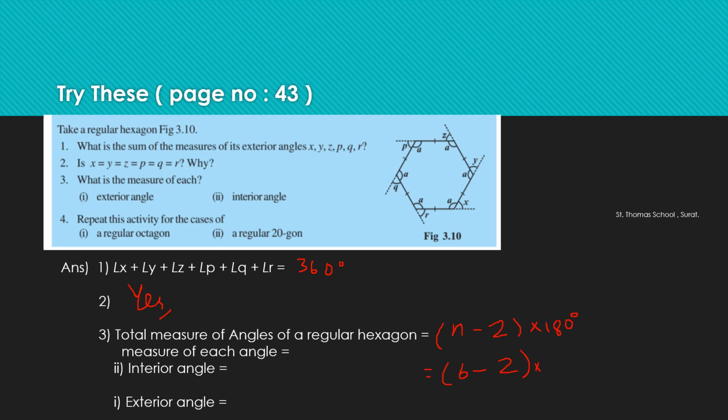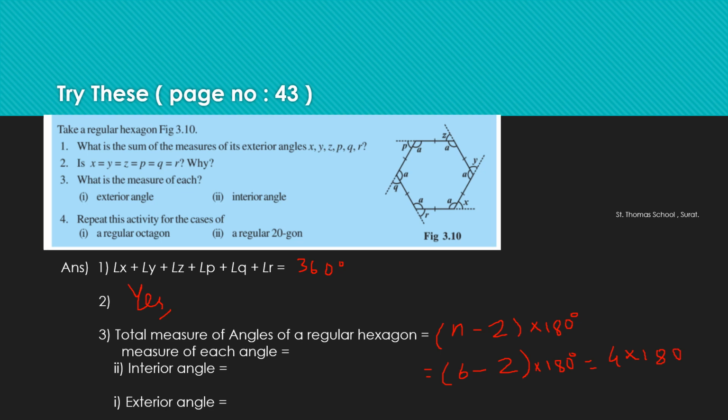What is 6 minus 2? That is 4. You can write here 4 multiplied by 180 degrees. And 180 times 4, we know that is 720. You can multiply yourself and check whether the answer is correct.